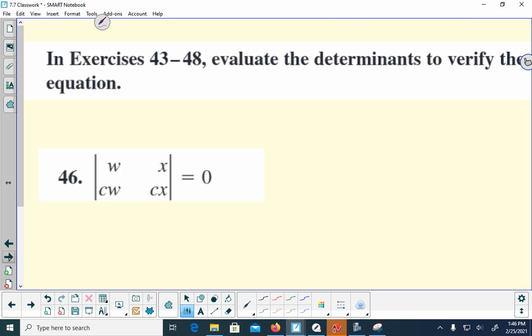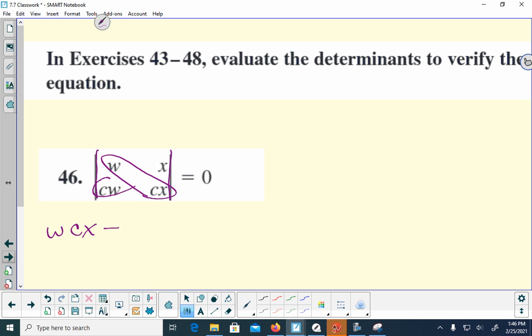Number 46, they want us to verify, so I'm just trying to show that it'll work for every single one that I have. So remember, these two lines that look like absolute value mean determinant. So if I were to multiply these, I would have W times C times X. I just sort of went in the order that I saw the letters from left to right.